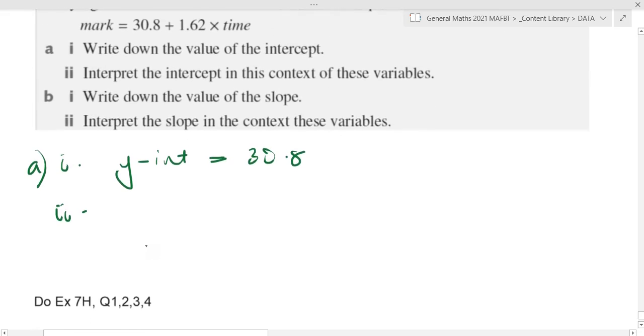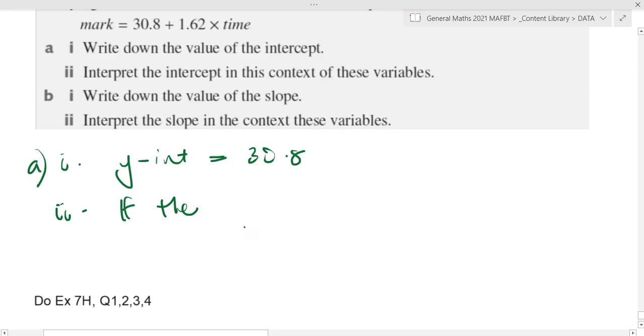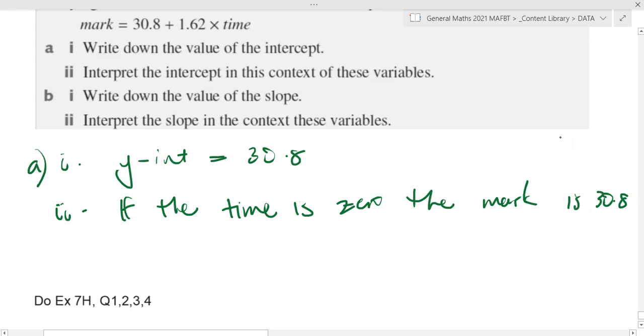What am I changing here? The EV, which is time, is 0. The RV, which is Mark, y-intercept is, what's the y-intercept? 30.8. Good. Easy.